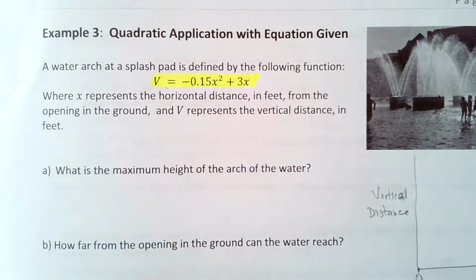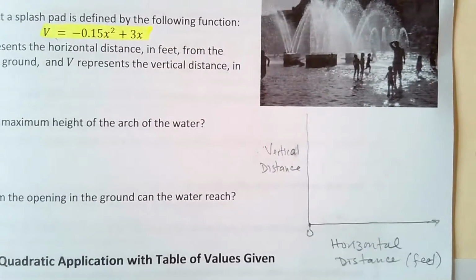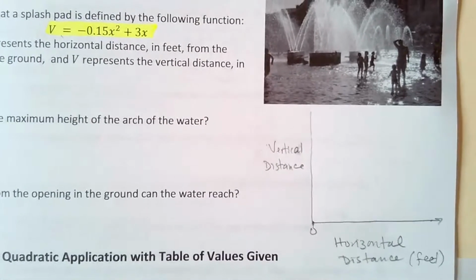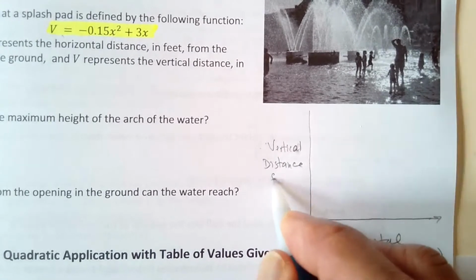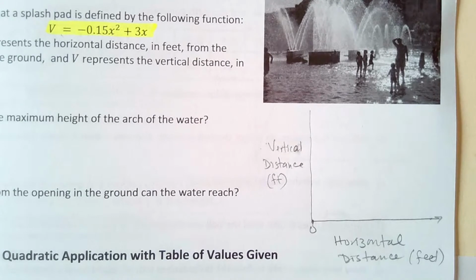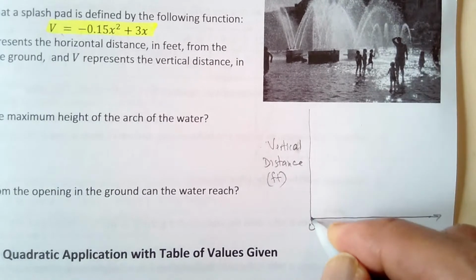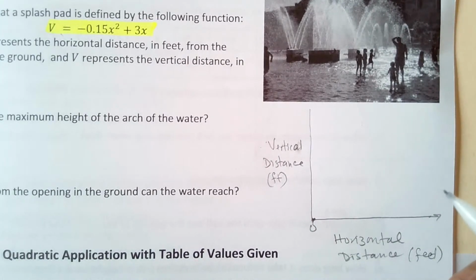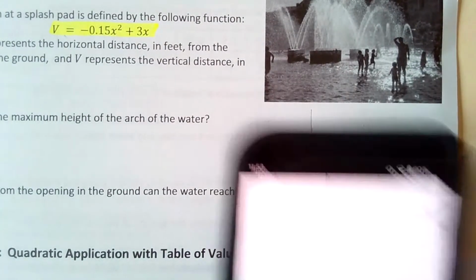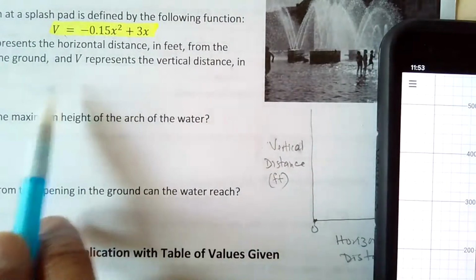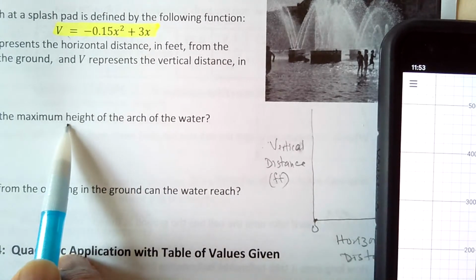Horizontal distance is in feet, and vertical distance is also in feet. So we'll start off from 0 here. This time we'll use Desmos to start off. Now we'll enter this into Desmos, and then we'll find the vertex.